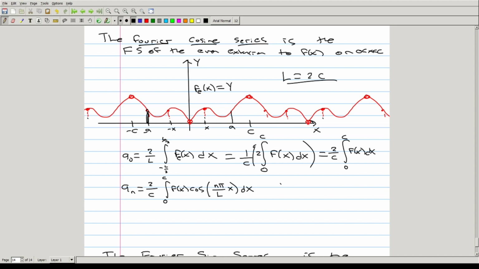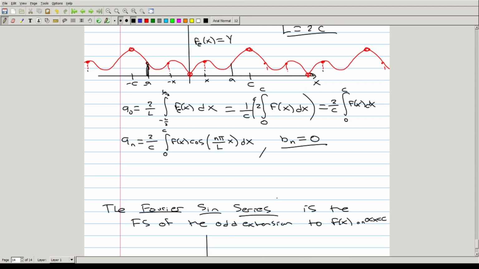The sine coefficients Bn end up being 0, because the integral that you end up taking will be the integral of an even function times an odd function on a symmetric interval, which will end up being 0.